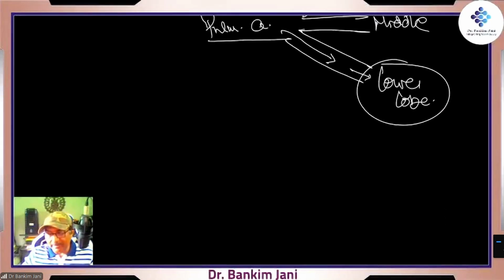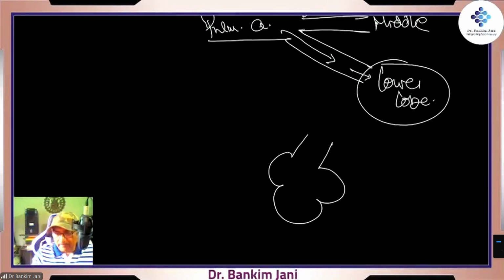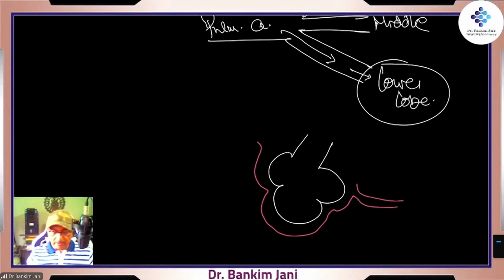When we say it is entering the lobe, what we really mean is that this is the alveoli, and these vessels, these pulmonary arteries, divide. Finally, it will be going like this, forming all the capillaries.